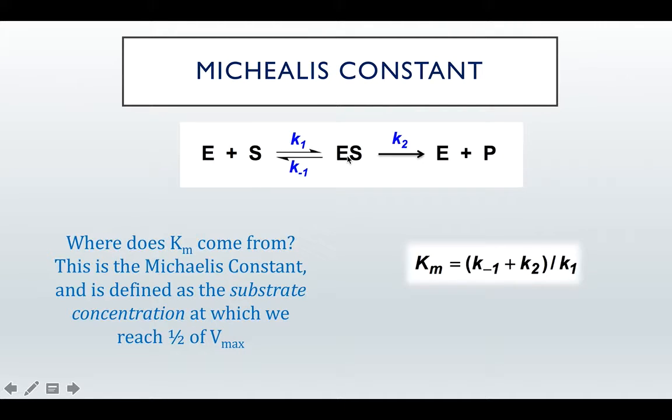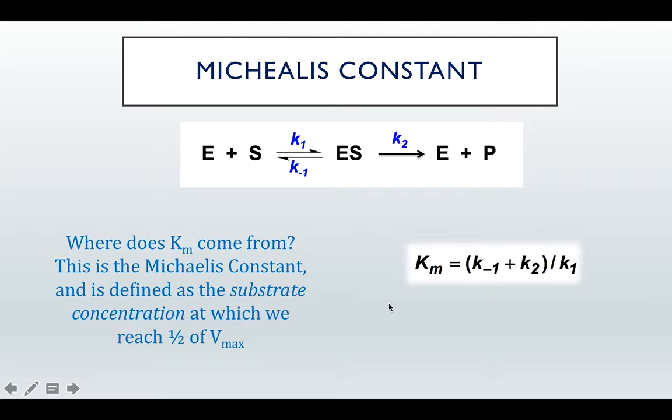So it's the rate constants that we are losing enzyme substrate complex divided by the formation of enzyme substrate complex, all of these rate constants. But Km is a substrate concentration and not a rate constant. So keep in mind that capital K is not the same as this lowercase k.